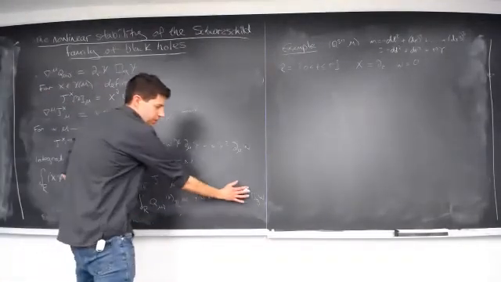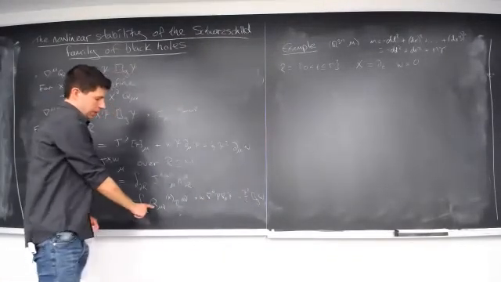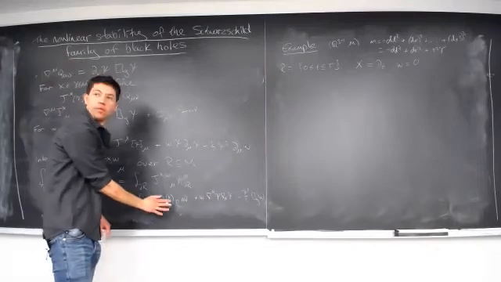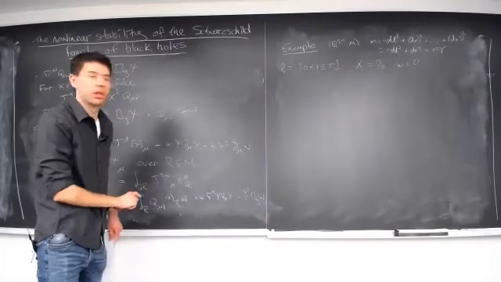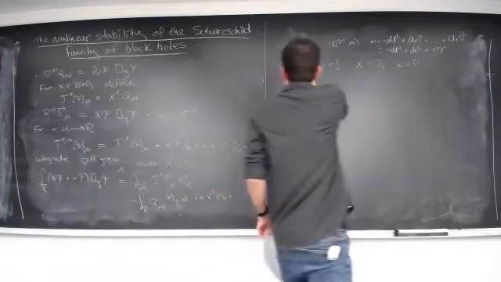We chose W to be 0, so these two will vanish. And d/dt is a Killing vector field, so its deformation tensor vanishes, and we just get left with these boundary terms.